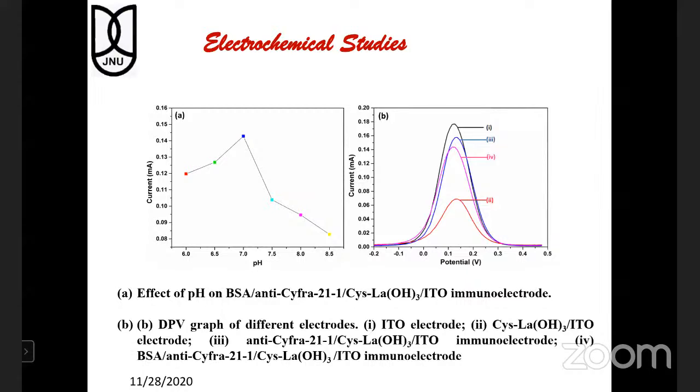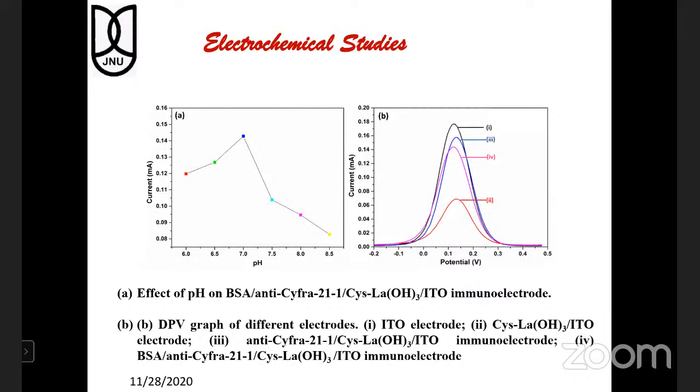Sometimes the current decreases. That depends on the orientation of the antibodies, how they are immobilized on the electrode surface. Sometimes we use only physical adsorption, which blocks the flow of electrons on the electrode surface. So proper binding and the proper orientation of antibodies on the electrode surface is very necessary for their immobilization.